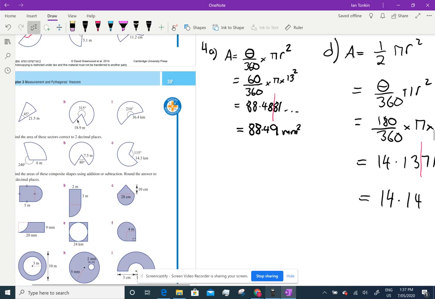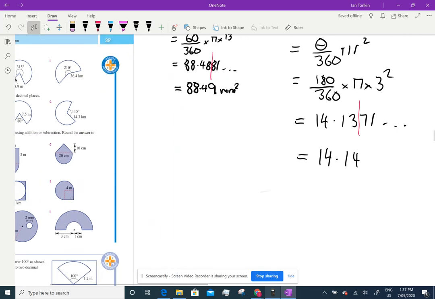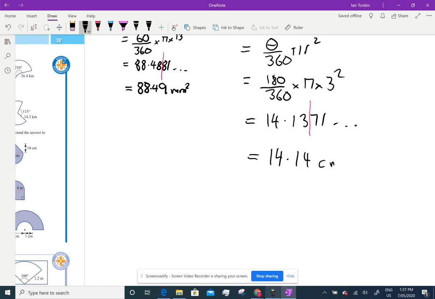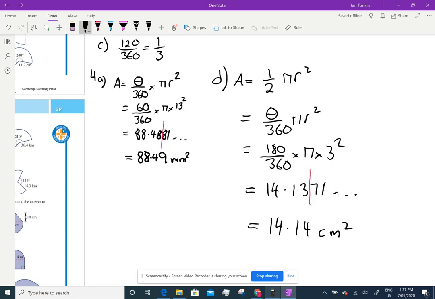What units are we in? Centimetre. So square centimetres or centimetre squares. That was 4D, yep.